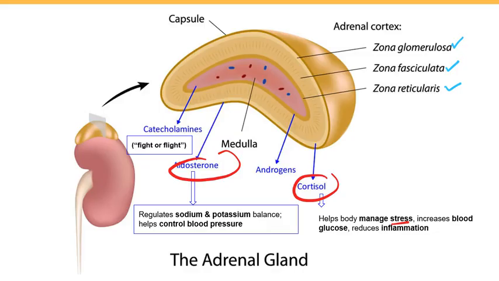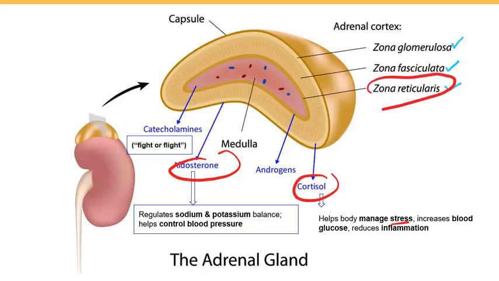It also regulates metabolism, supports tissue repair, and increases blood glucose by breaking down protein and fat. However, if you experience stress a lot, chronically high cortisol levels can lead to high blood sugar and other health issues.